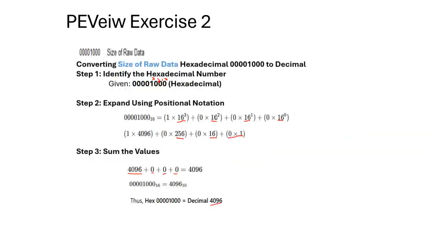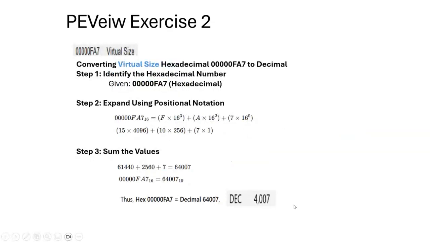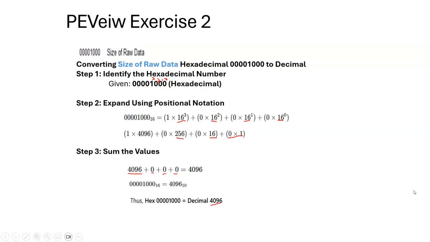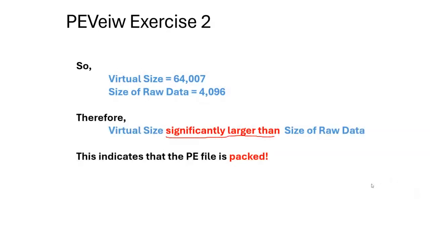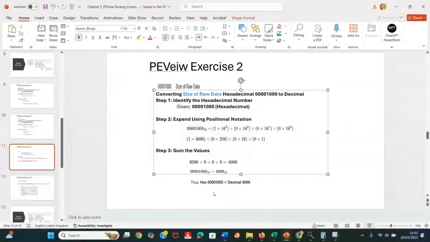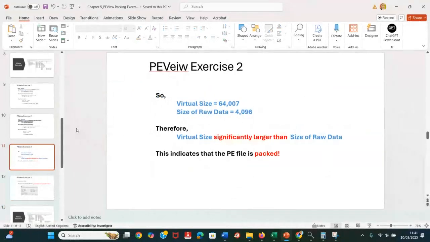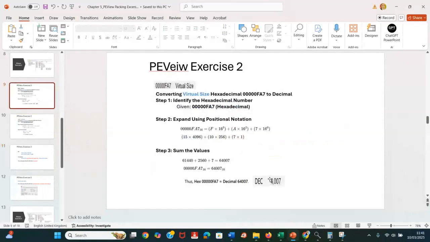So if you go back based on what we calculated, it is 4007. So if you compare 4007 and 4097, you will find out that there is no significant difference. So basically, let me take the value that I calculated here. This one.